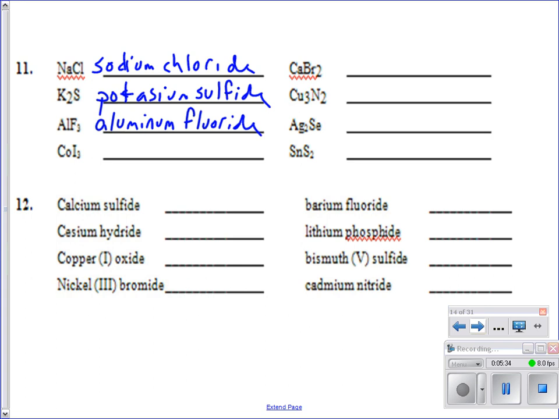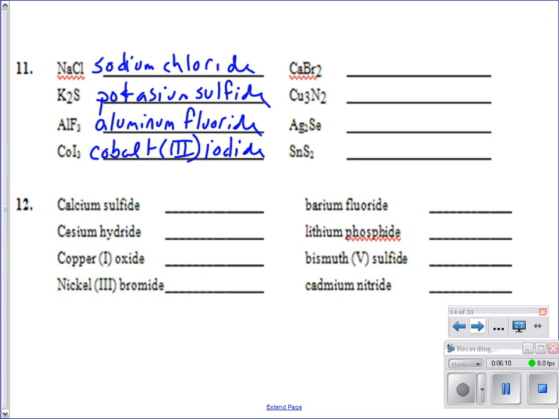What about the next one? Okay, cobalt can have more than one charge, so we got to do something about that, don't we? What's going to determine that is what it's with, the iodine. Iodine's always going to have what kind of charge? -1. And how many are there? 3. So what's the charge on the cobalt? +3. So this would be cobalt 3 iodide. All right.